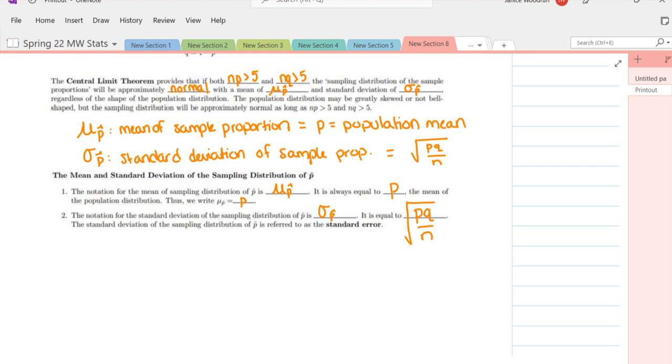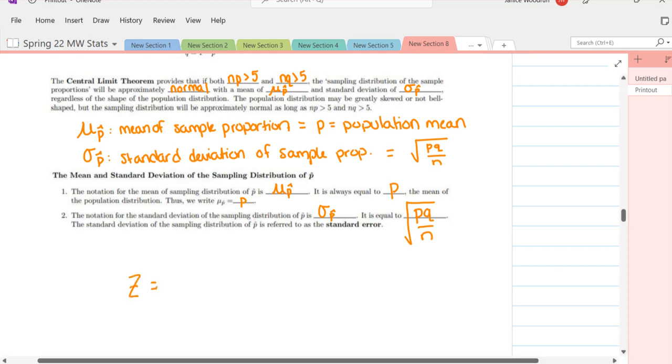Okay, and then before we change the page, one more thing, z-scores for this. So you're going to use p hat minus p over the standard deviation of p hat.